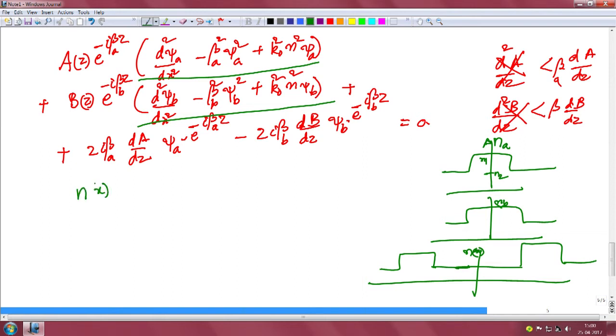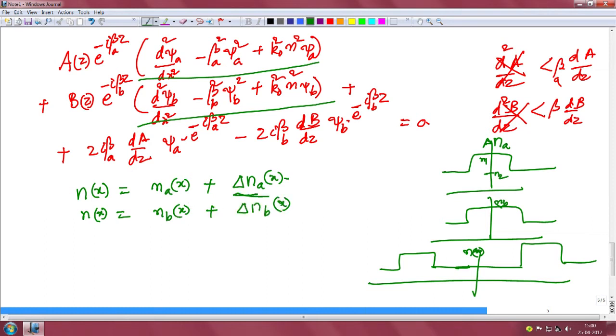n of x can be expressed as n a of x plus delta n a of x, and n of x can also simultaneously be written as n b of x plus a perturbation delta n b of x. Let me explain the terms n a and n b. So, this is a given refractive index profile, and if you say that this is the refractive index profile for n a, this extra term will be something like this.